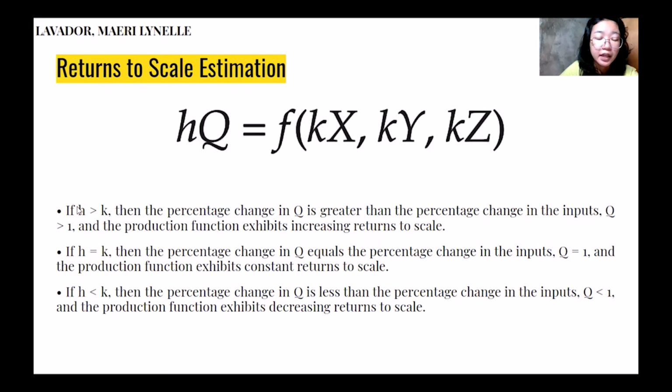Interpretation can then be: if H is greater than K, then the percentage change in Q is greater than the percentage change in the inputs. E sub Q is greater than 1, and the production function exhibits increasing returns to scale.